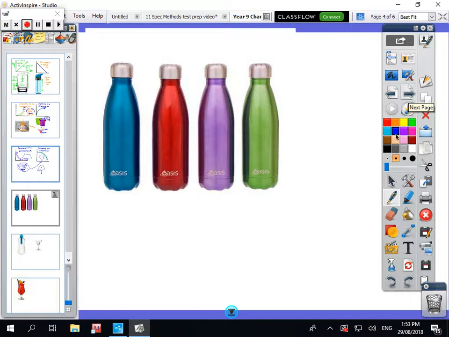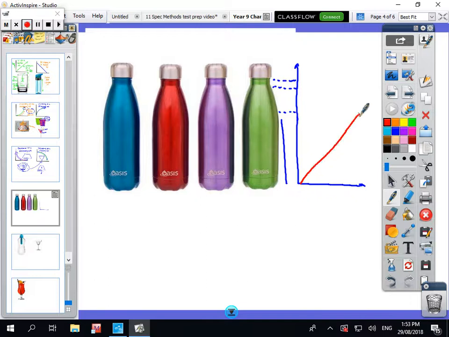Okay, so what's happening with these containers? If I drew them, actually I'll make it a little bit taller. Okay, so there's a change happening about there to there, and then there's that little bit there. So this shape here is constant, so it's filling up at a constant rate to there, and then it's getting narrower that way, so it's going to get quicker up to there, and then that's a constant shape, but that's going to be a lot quicker than there.